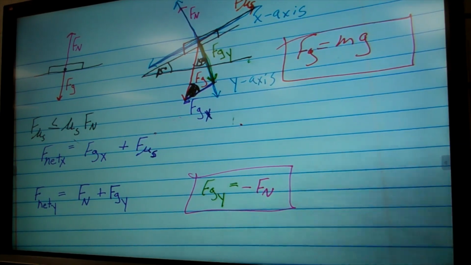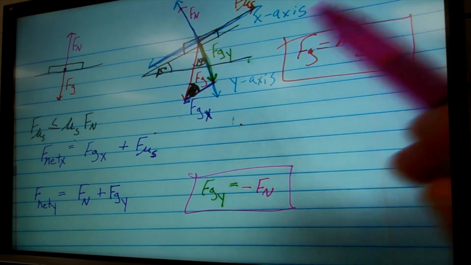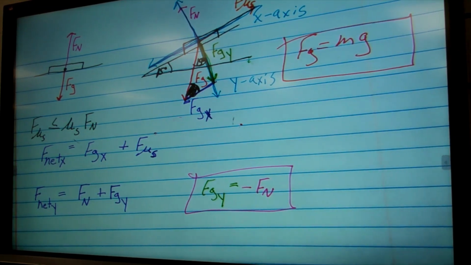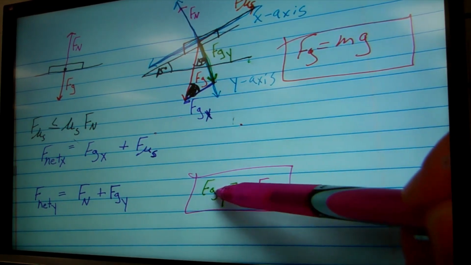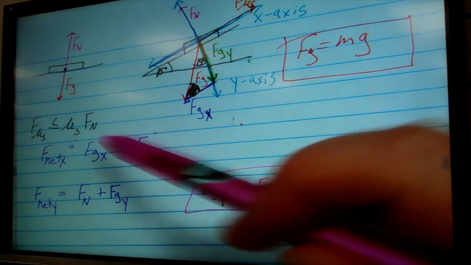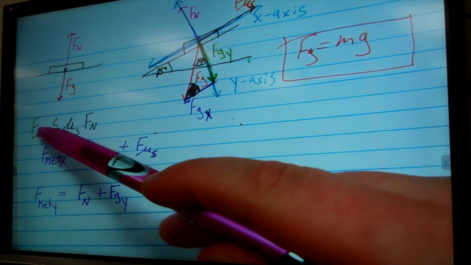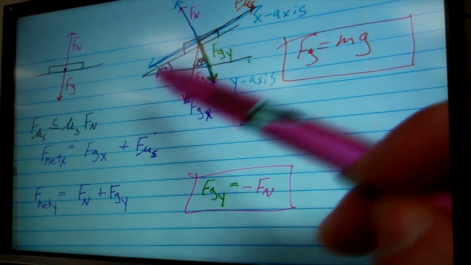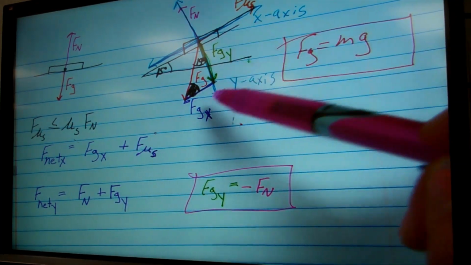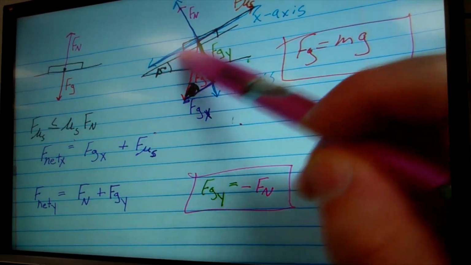So on and so forth. And then in that you're going to solve for that side, and eventually you're going to get Fgy. From Fgy, you can find the normal force. From the normal force, you can find the force of friction. From the force of friction, you can tell whether or not it moves, and we can find the force of gravity in the x direction the Pythagorean way.